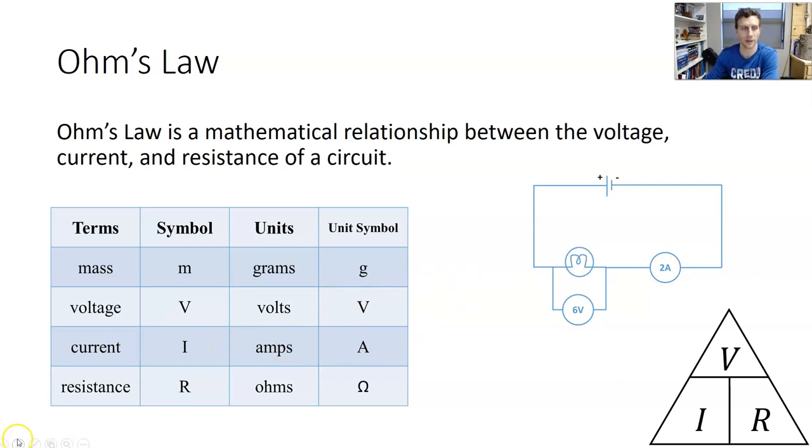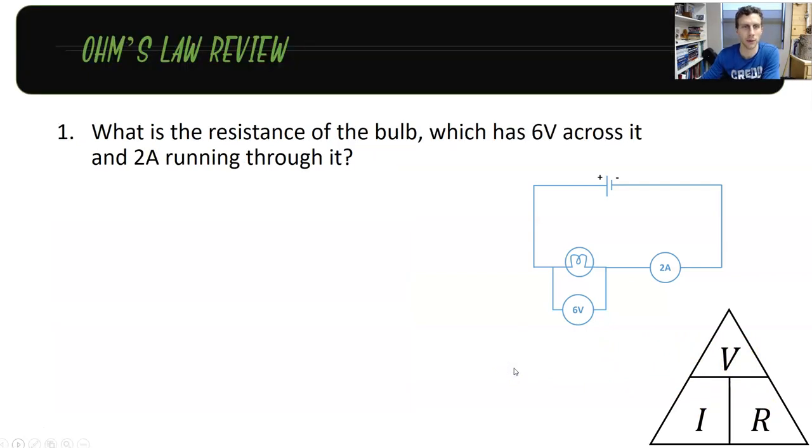Now down here, this triangle with different letters in there, V, I, and R, can be used to calculate voltage, current, or resistance. Different questions that you face will either be asking you to find the voltage, or the current, or the resistance. Okay, so let's try an example.